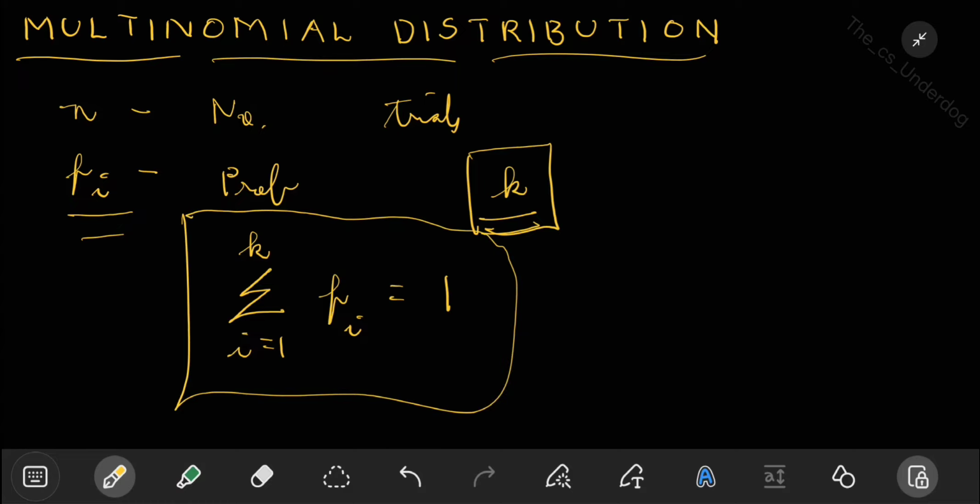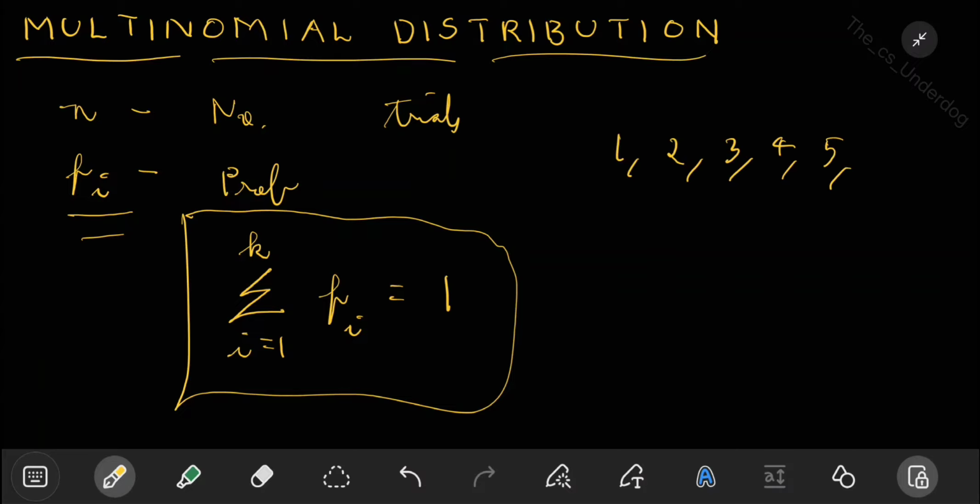Why? Because this is your probability. Let us say I am rolling a die. In that case, I will have 6 different outcomes: 1, 2, 3, 4, 5 and 6, right? A die has 6 faces and they will be numbered from 1 to 6.